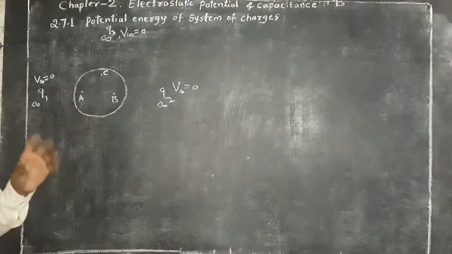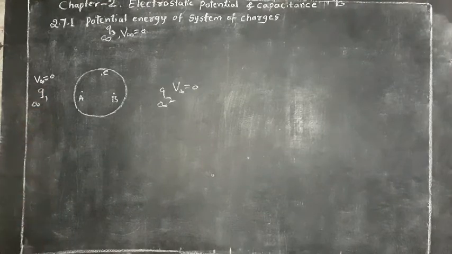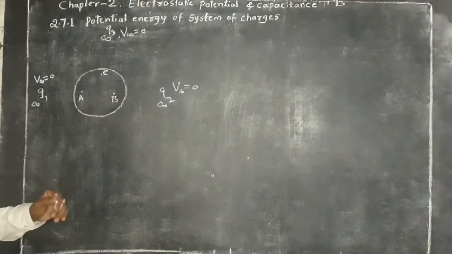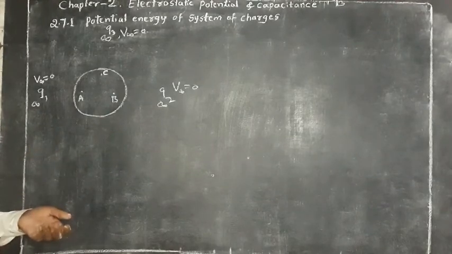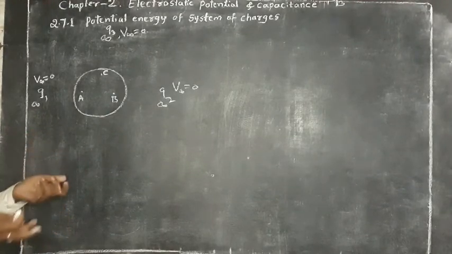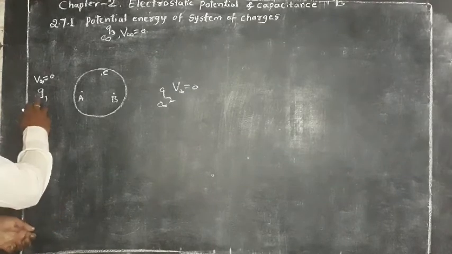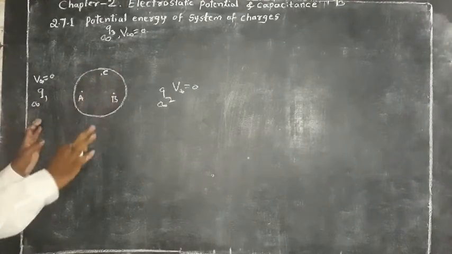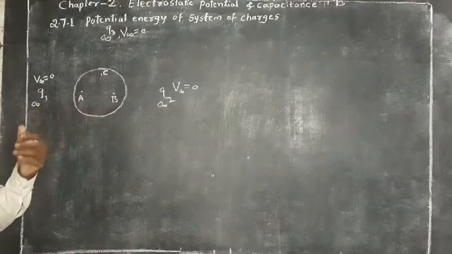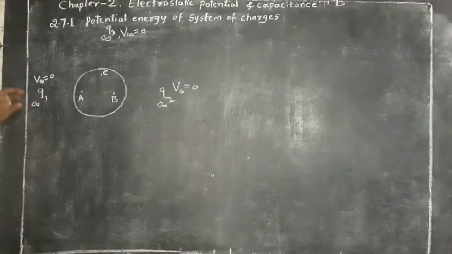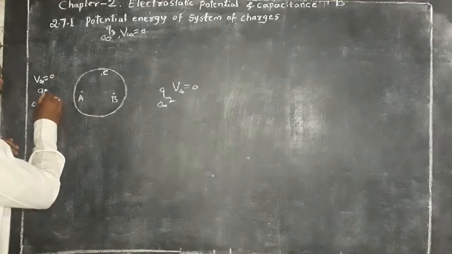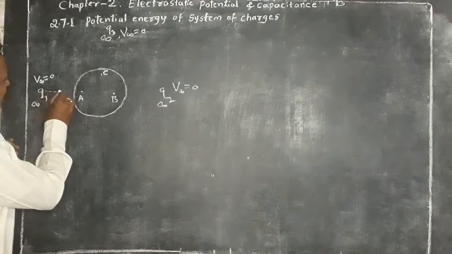According to Newton's first law of motion, bodies which are at rest continue in the state of rest. Bodies which are in uniform motion move uniformly. Here Q1, Q2, Q3 are at rest at infinity. Therefore, when a small jerk or small force is given to Q1, the charge Q1 starts moving in this direction.